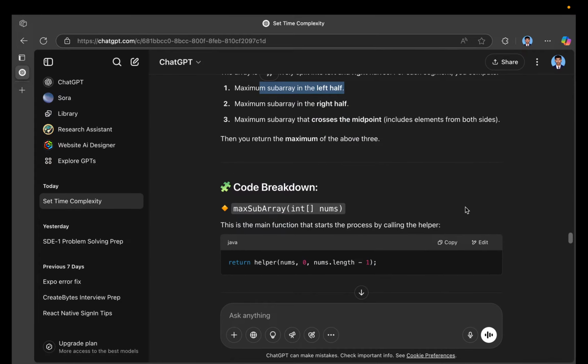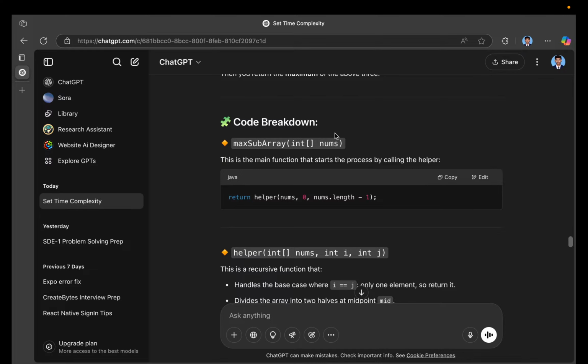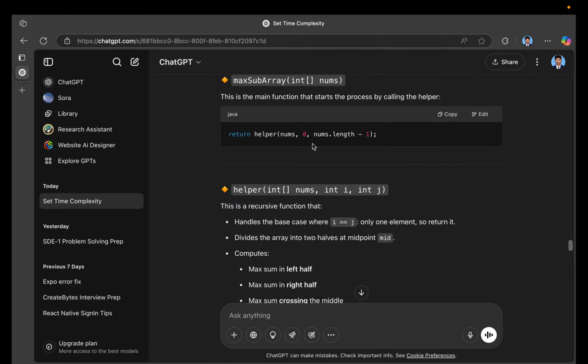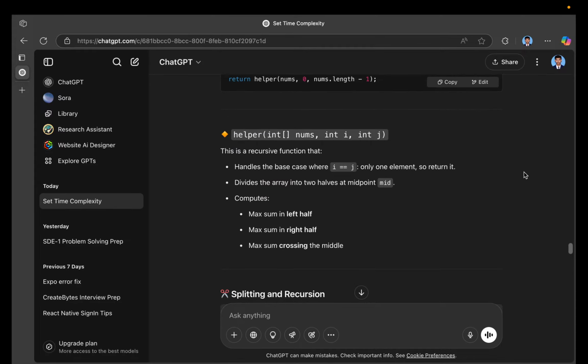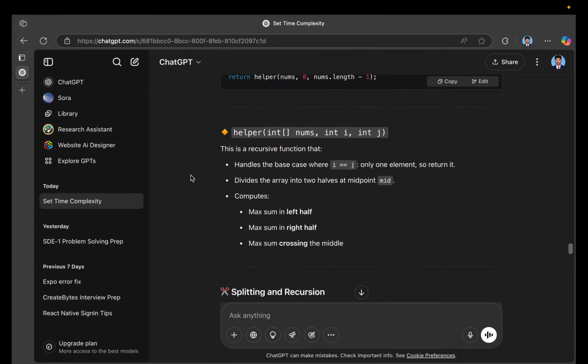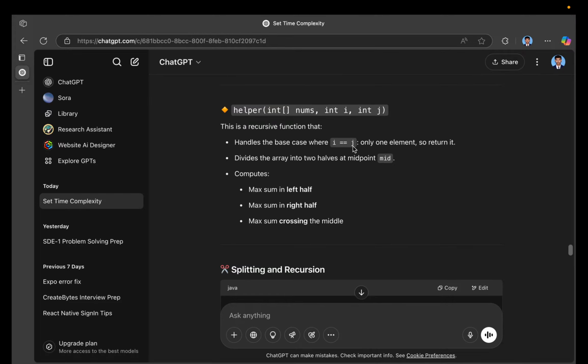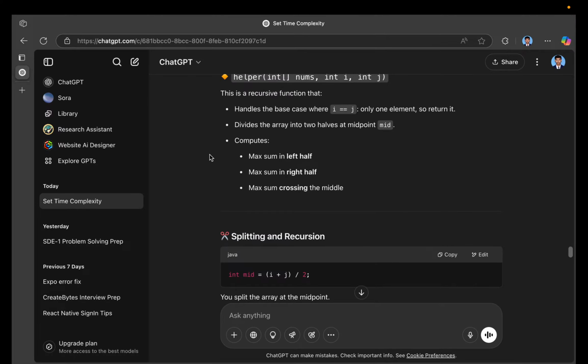Okay, so let's go and understand the code breakdown. In this main function, start procedure. This line I understand what is going on here. This is a recursive function that handles the base case, computes max left, max right, and the max sum crossing the middle.